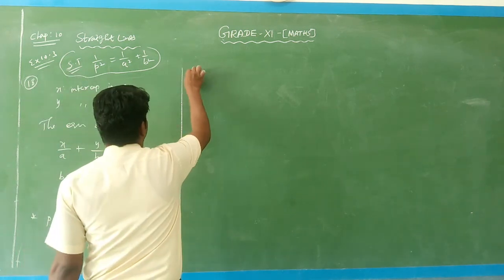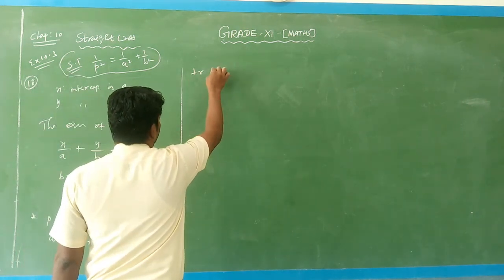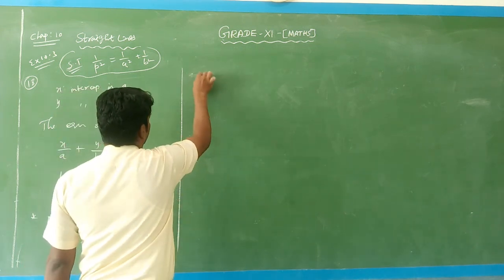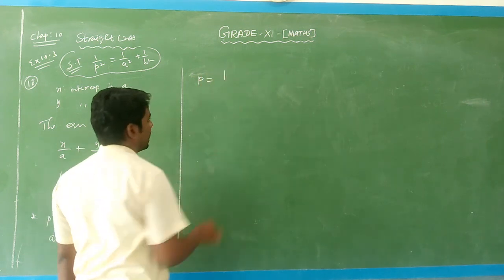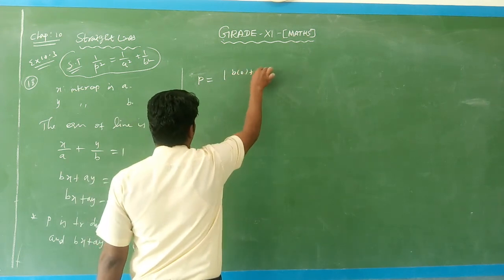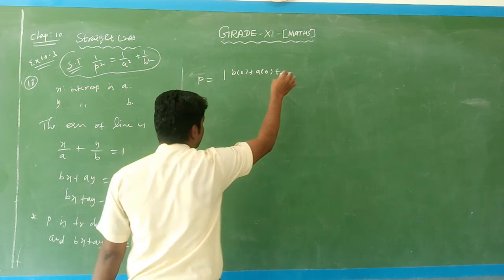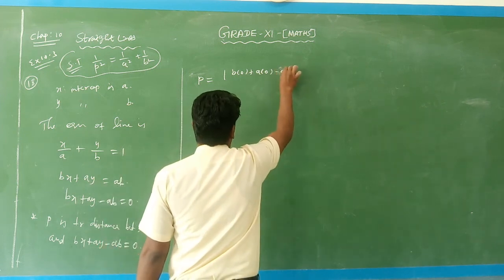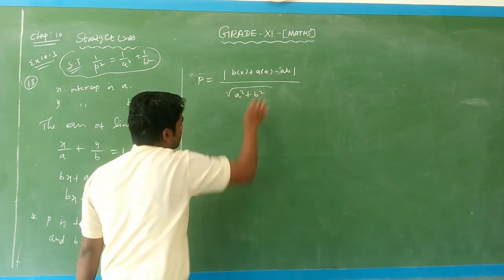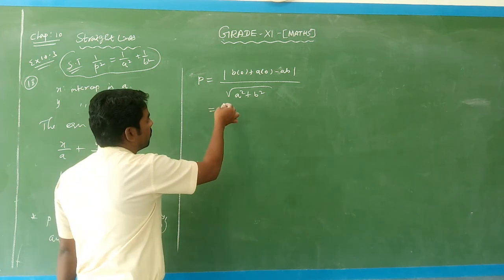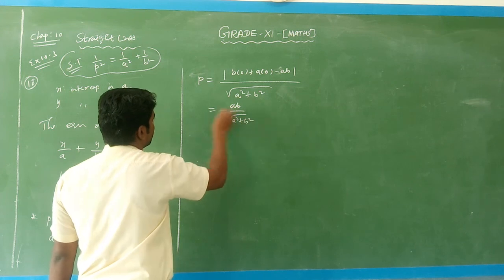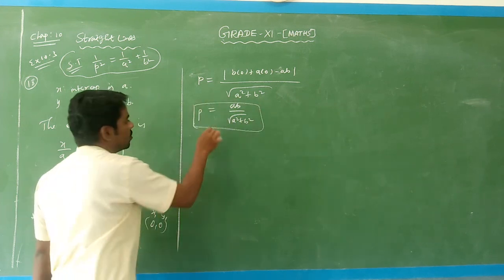So p = |b(0) + a(0) - ab| divided by the root of b square plus a square, that is a square plus b square. Simplify this. The modulus of -ab is ab, so p = ab divided by the root of a square plus b square.